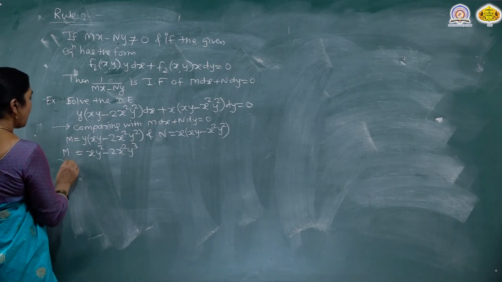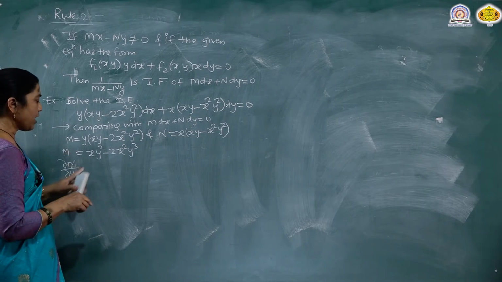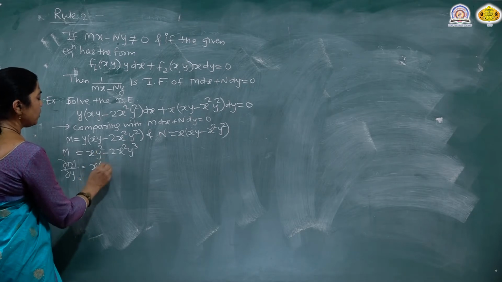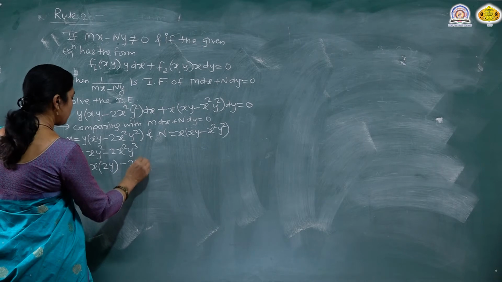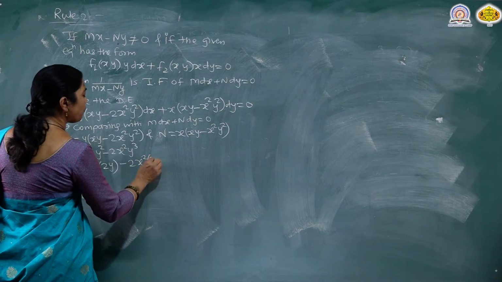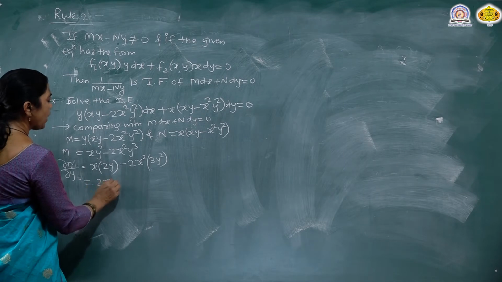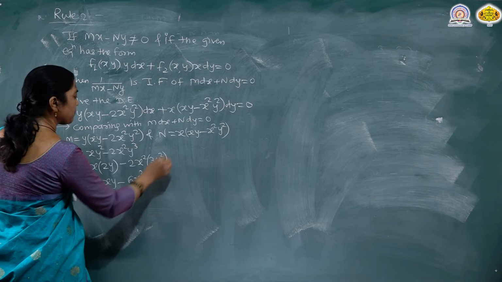So what is ∂M/∂y? Differentiate with respect to y keeping x constant. So x is constant, the derivative of y square is 2y, minus 2x square constant, the derivative of y cube is 3y square. So it becomes 2xy minus 6x square y square.